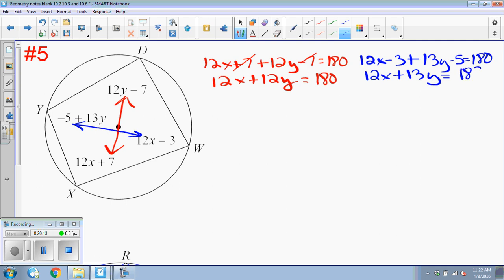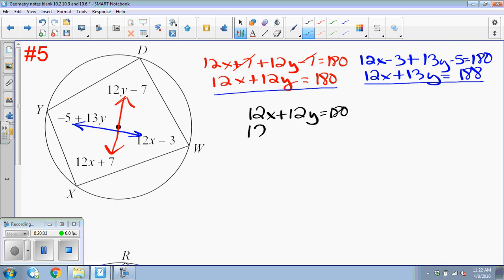So it's 188. So I add 3 to both sides, and then add 5 to both sides. So here are my two equations with my two unknown variables. So we're going to solve that system. I have 12x plus 12y equals 180, and then I have 12x plus 13y equals 188.